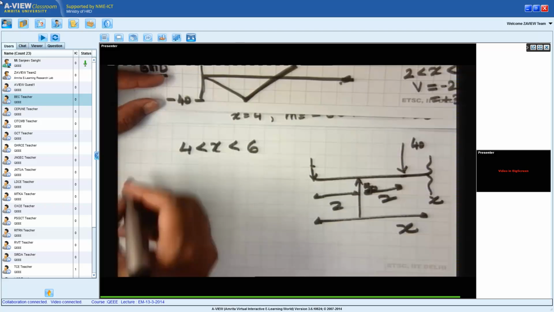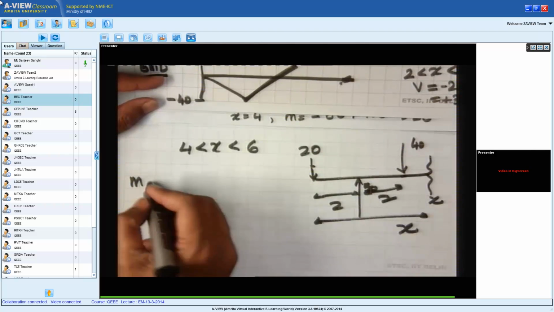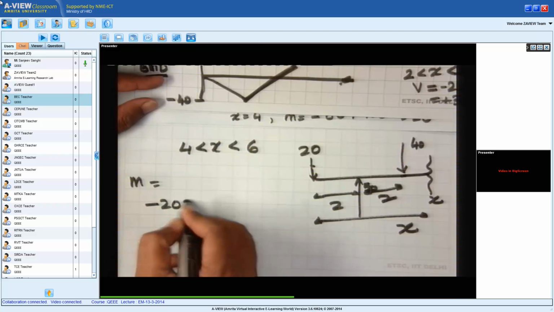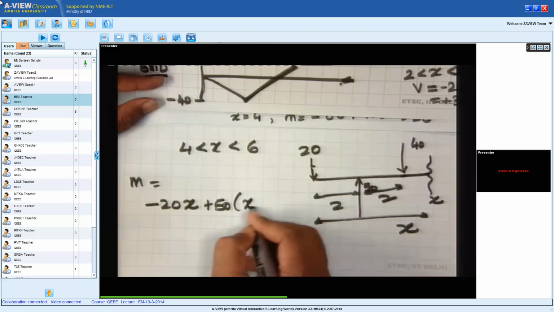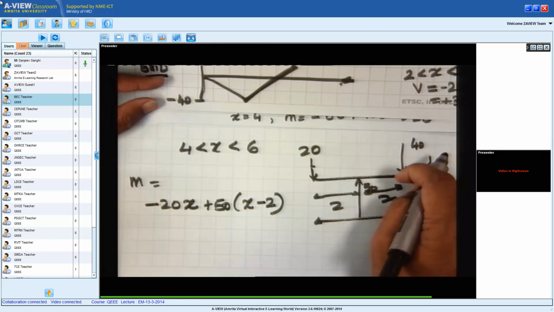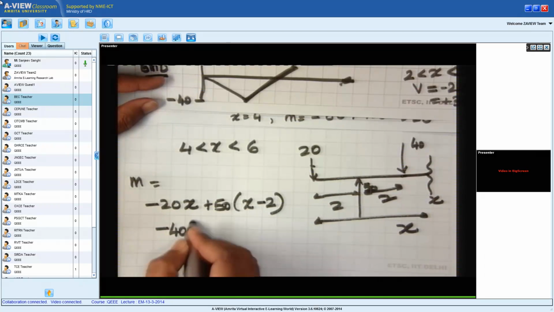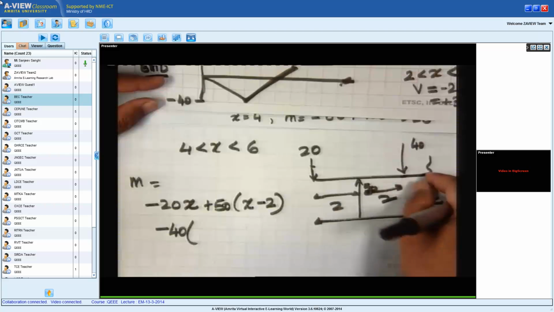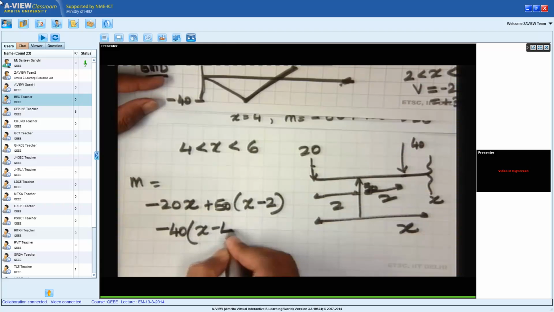So now for the bending moment, it will become minus 20 times x plus 50 times x minus 2, and now we have to add the contribution of 40. What is the contribution of 40? Minus 40 times the distance between the cut section and where 40 is acting, so it becomes x minus 4.